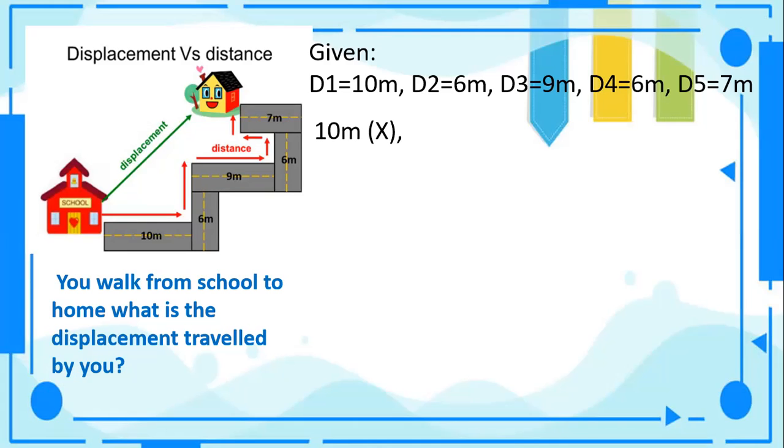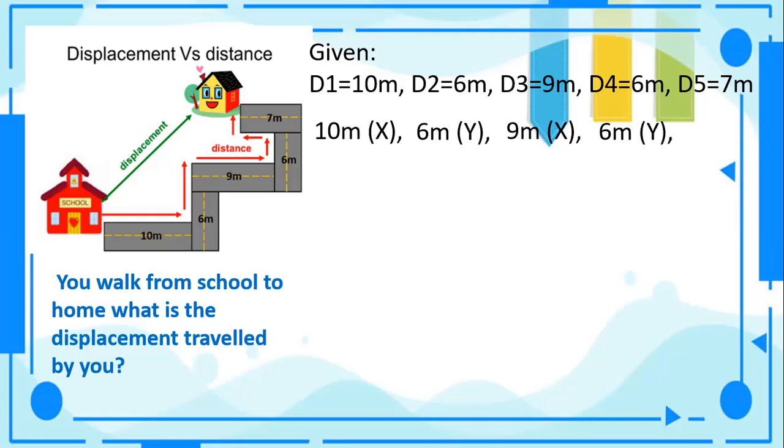Since 10 meters has a direction of east and it is represented by a horizontal arrow, it is an x component. While 6 meters has a direction of north and it is represented by a vertical arrow, so it is a y component. The 9 meters has a direction of east and is represented by a horizontal arrow, so it is an x component.